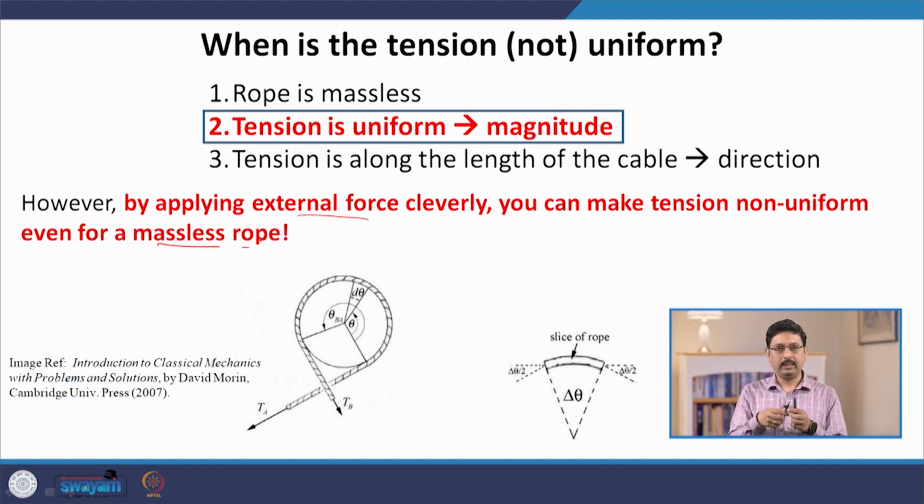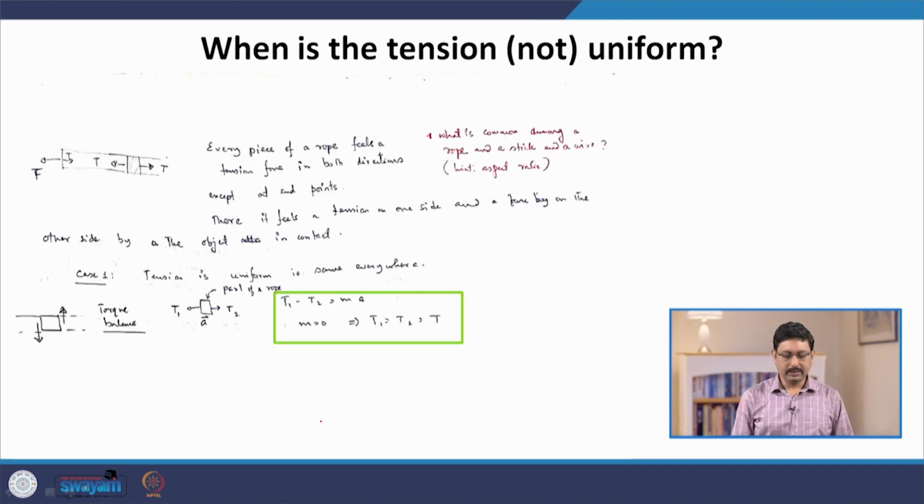We will see that in this case the tension is actually non-uniform along the rope, and that is why, if we bind the rope around the pole, we need to exert only a small force at one end, and it can support a large force at the other end.